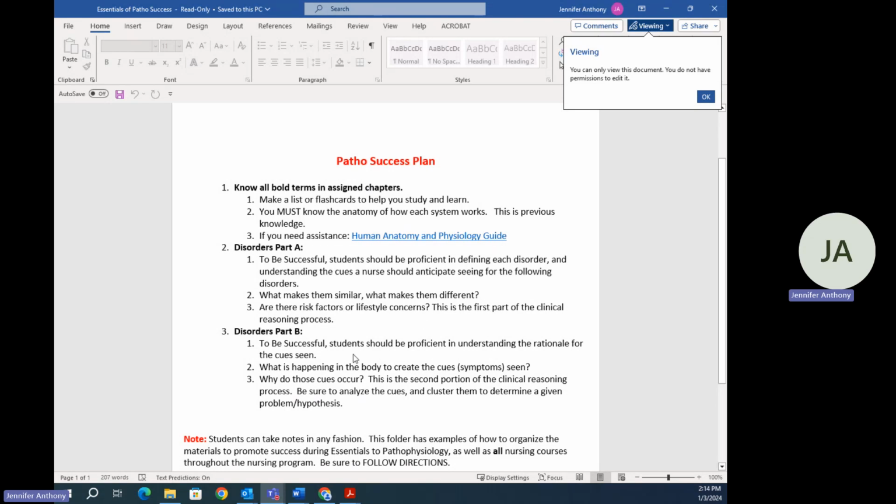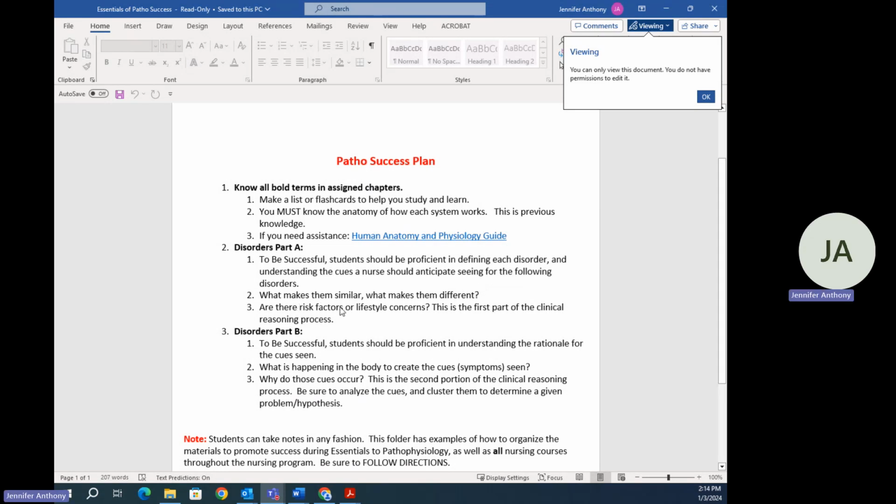Then there are 2 parts of the process for each disorder. The first start of the process is knowing the definition of each disorder and the cues that the nurse should anticipate seeing for those disorders. That is the first step in the clinical reasoning process, recognizing cues.